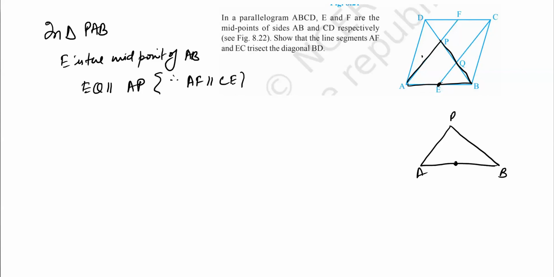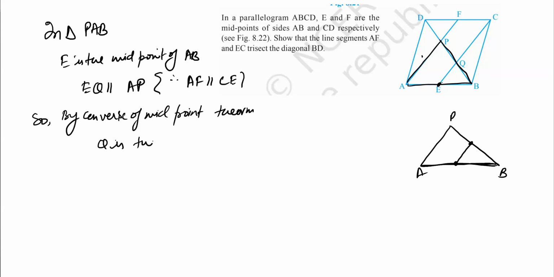Now we have proved that if a line passes through the midpoint of one side and is parallel to the third side, then it will also bisect the third side. So by the converse of the midpoint theorem, we can say that Q is the midpoint.